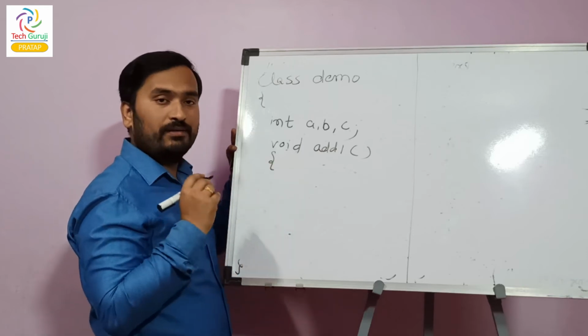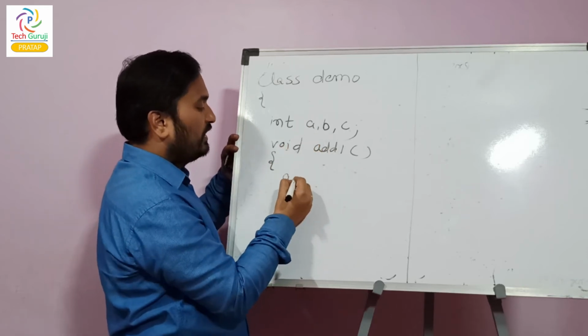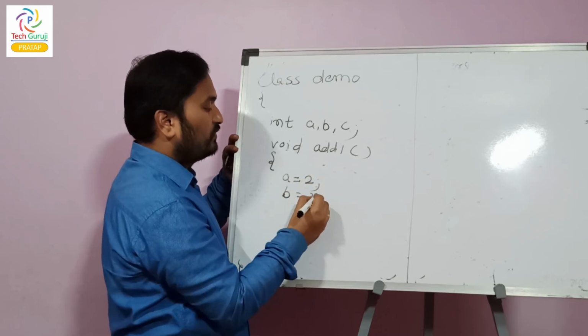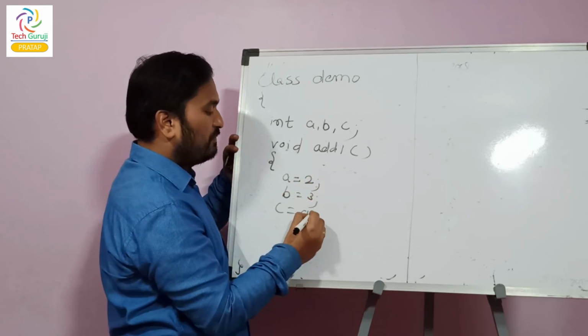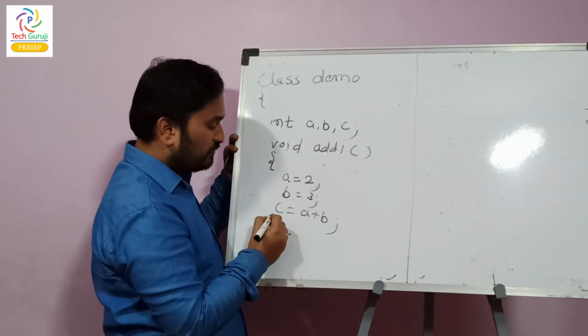Curly bracket open. Within this we have to add. First declare the numbers: a is equal to 2, b is equal to 3, c is equal to a plus b, semicolon. Then we have to display the value of c.